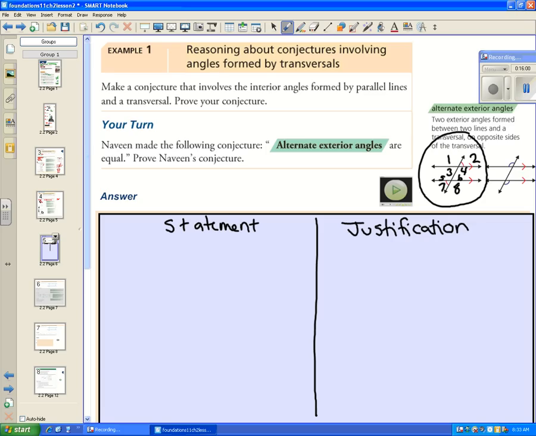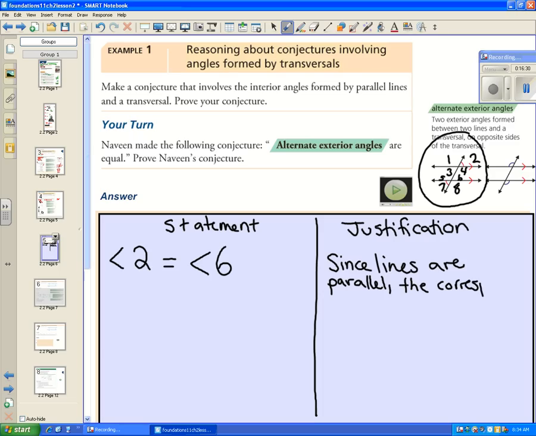Okay, so first of all, we're going to say that angle 2 is equal to angle 6. And the reason for that is because since lines are parallel, the corresponding angles are equal.